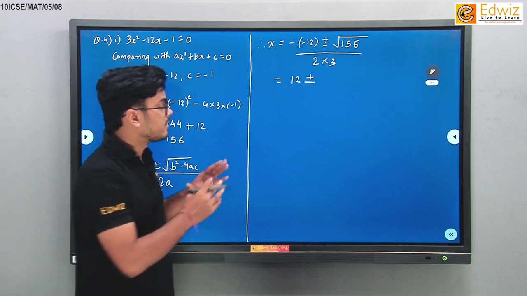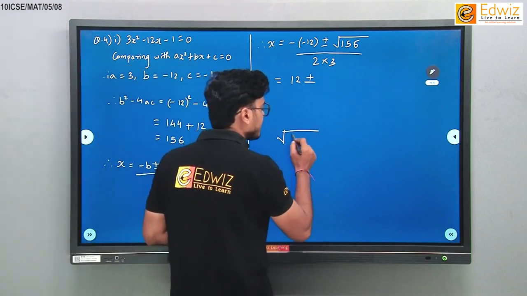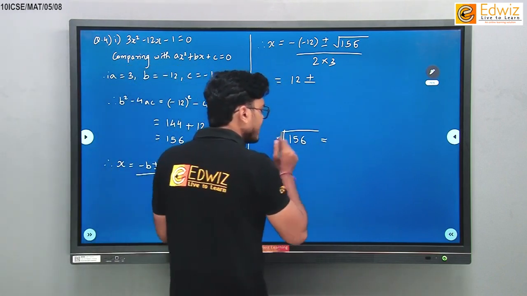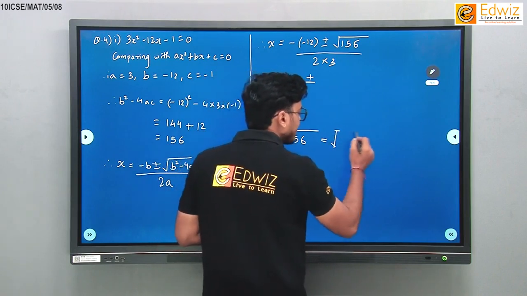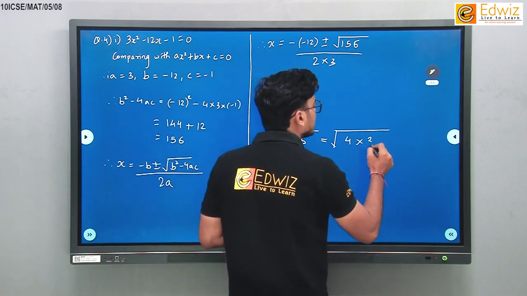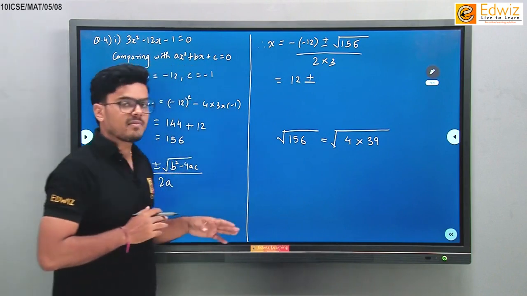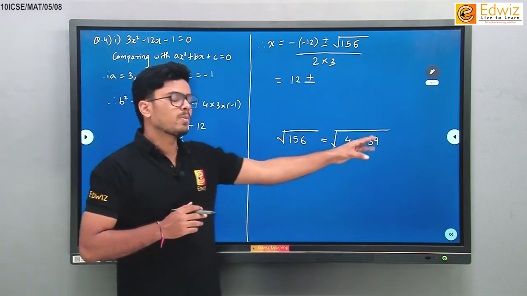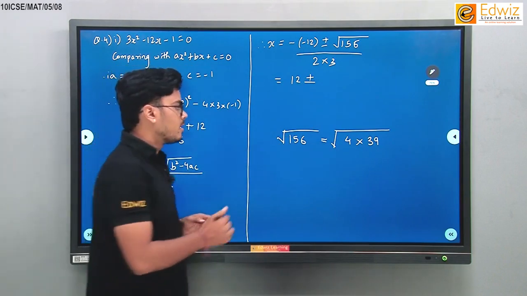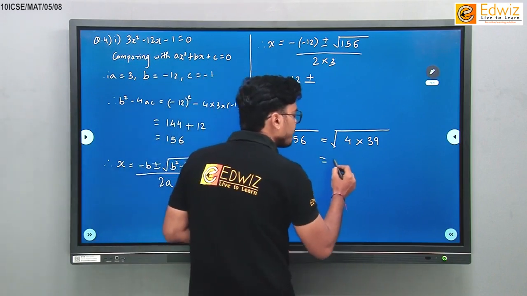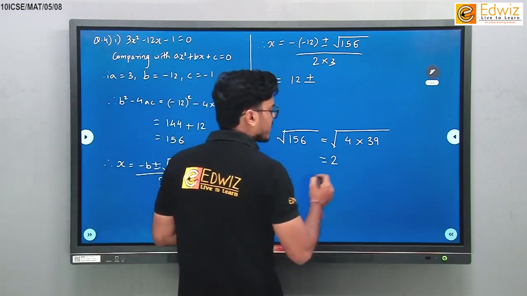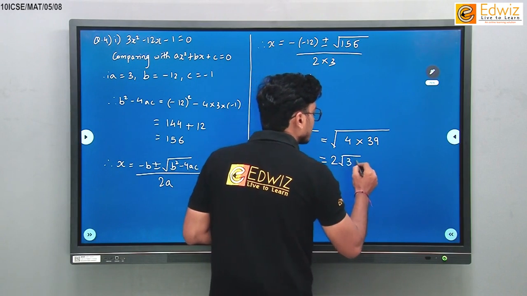Root 156 can be written as, if you divide it by 4, you will find out that the factorization can be 4 multiplied by 39. Okay, root 156 is nothing but root of 4 multiplied by 39. So the square root of 4 can be taken outside as 2. And this is root 39.